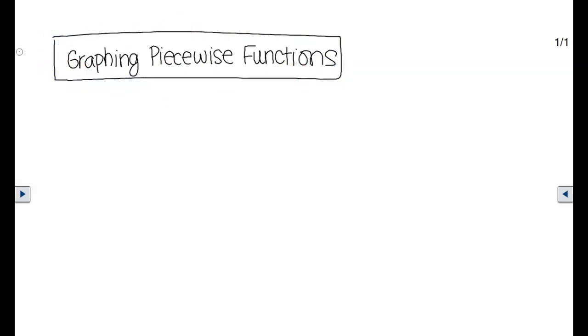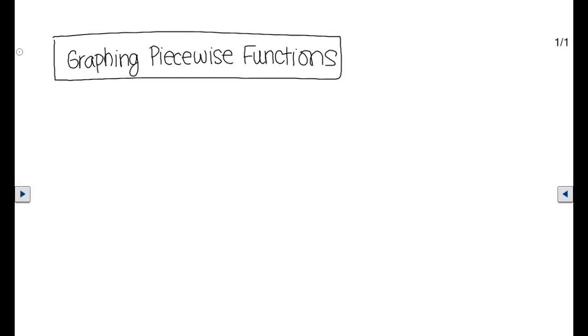Now you will remember from earlier in our work on functions, we graphed by making a function table. A function table where we wrote down the inputs that we were putting into our function and then used the rule to find the outputs, and then that made ordered pairs that we could then plot to make a graph. So the same kind of thing is going to go on today.